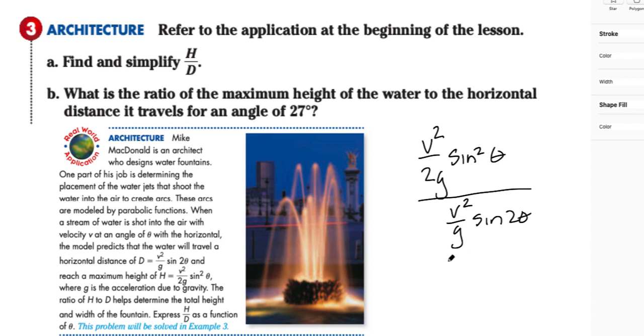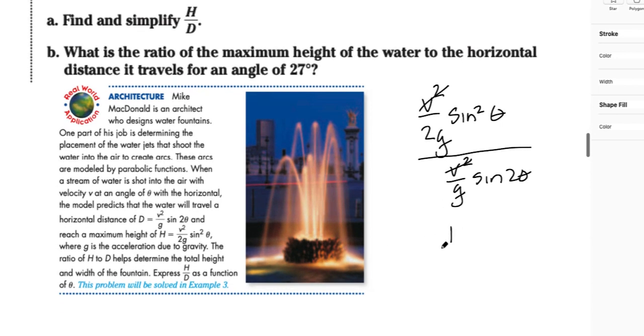And so we're called to simplify this. And so a couple things can happen. Hopefully you guys can see that the V squareds will cancel out. So would the G's cancel out. And so what I'm left with technically is 1/2 sine squared theta over sine of 2 theta. I'm going to give you a second just to observe that that is true.